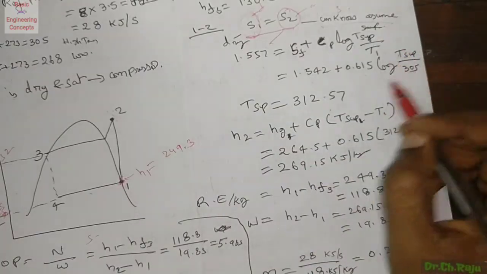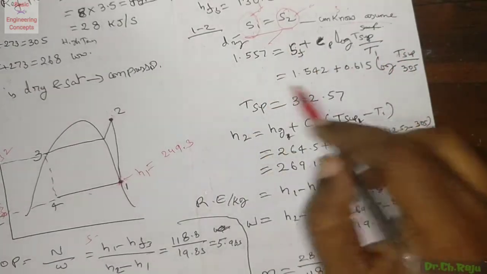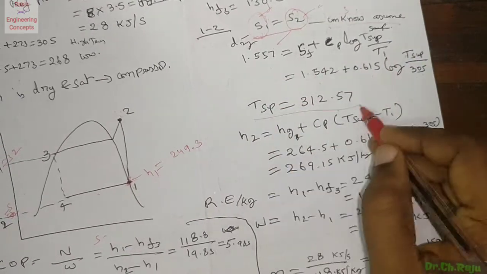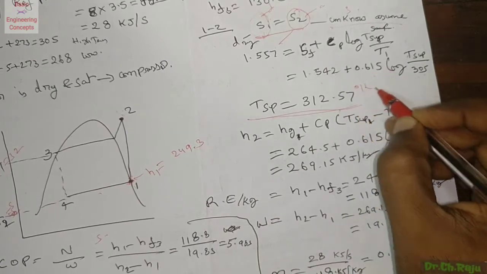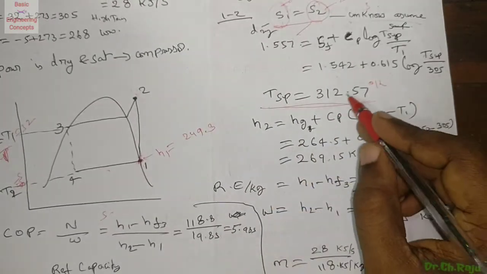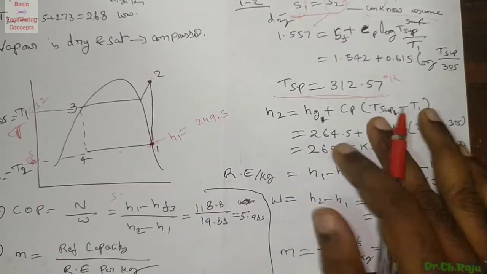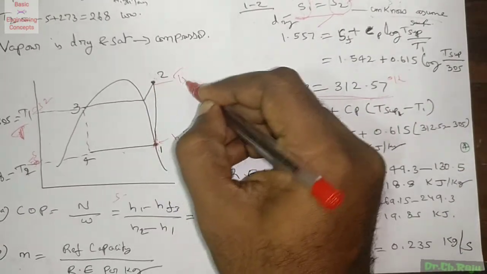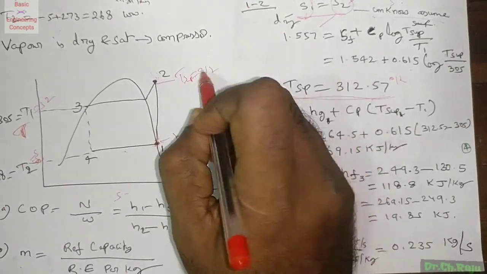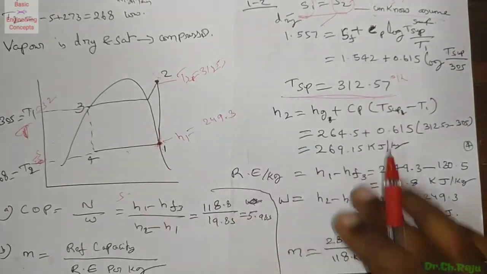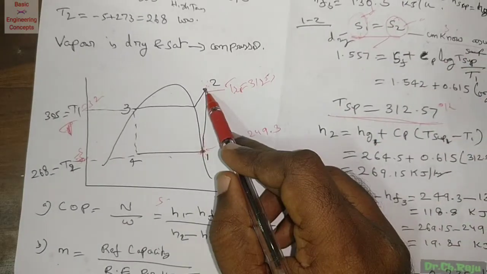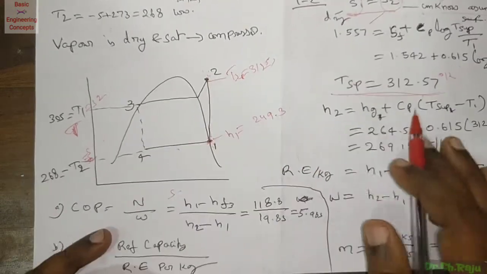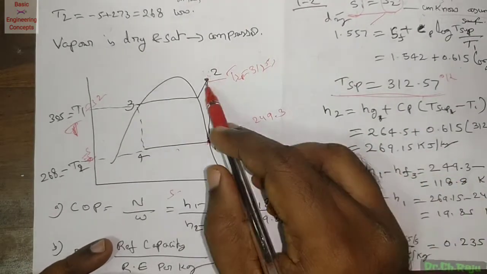Once we substitute the values, the only unknown here is T_sup. Once T_sup is calculated, that is 312.57 Kelvin, the superheated temperature of this condition, you can calculate the enthalpy at 2, as condition 2 is superheated vapor.